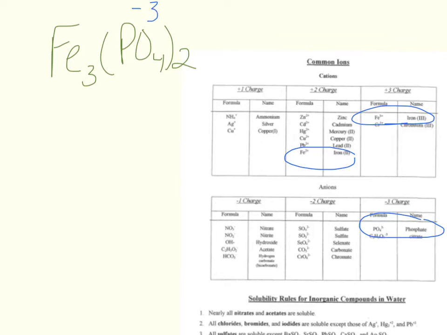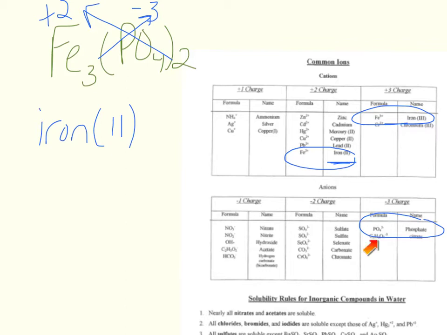If you remember, we crisscross to get it, so we basically undo our crisscross. And this one you had on your worksheet, so you might also be able to just reference this, that this is iron 2. In this case, we need to specify which iron it is. So we're going to have iron 2 as our name for our cation, and then phosphate as our name for our anion.